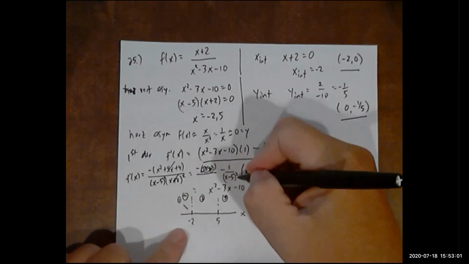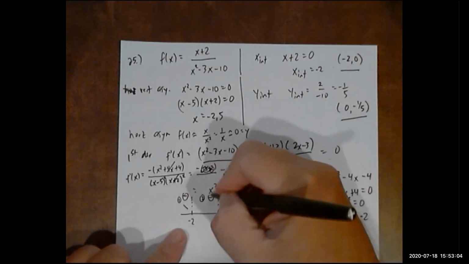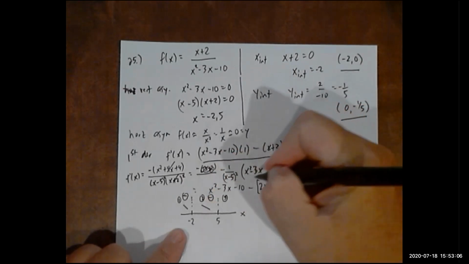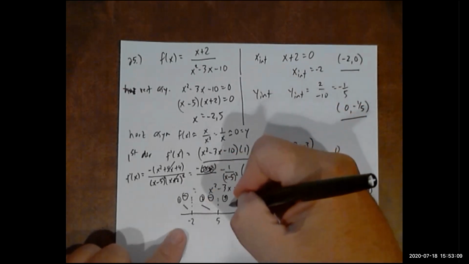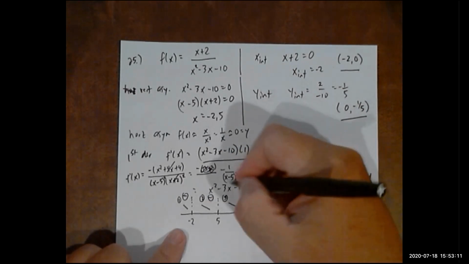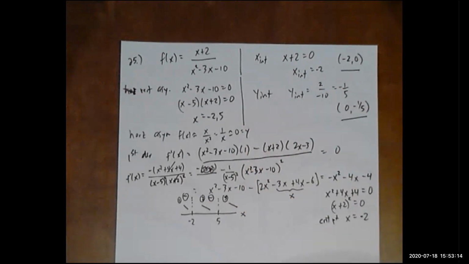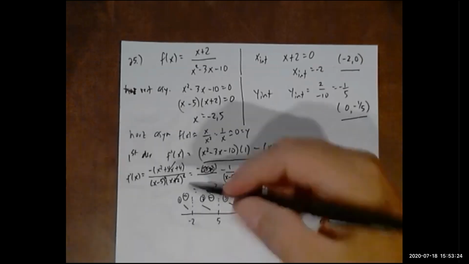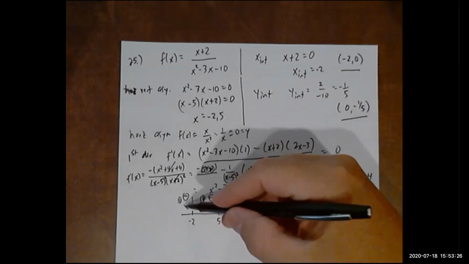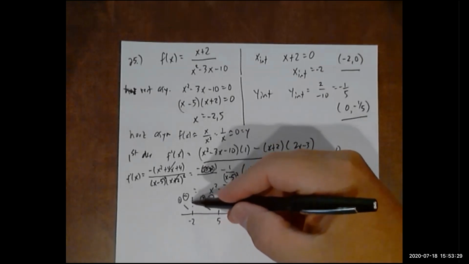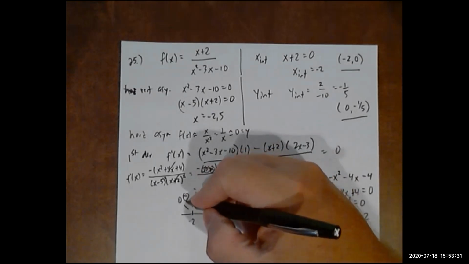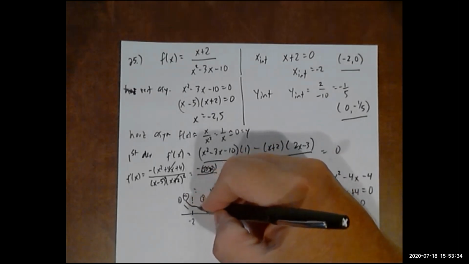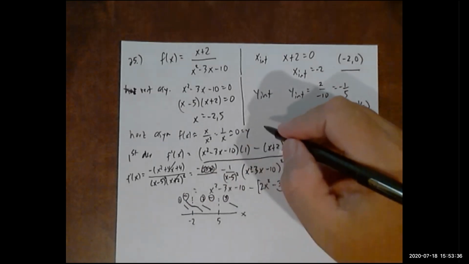If I plug in 0, it's negative. Matter of fact, all these regions are negative because you got something squared in the denominator, which always makes it positive. So it's interesting. I think this might be a neither, or it just might be, it goes like this. We'll have to see.